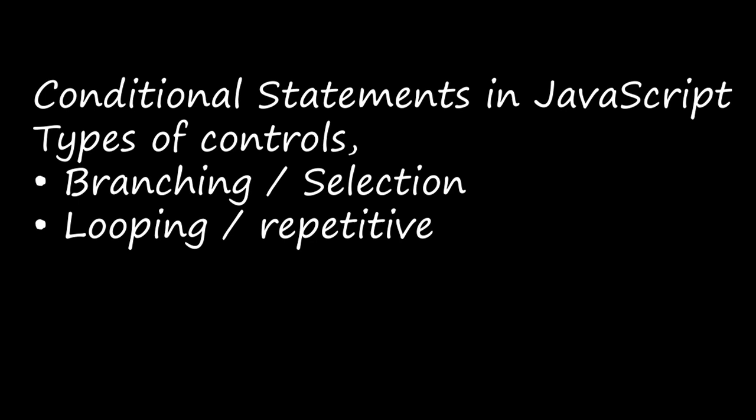From that word itself, we'll get a description of it. You just learn those types first. The types of controls, or the types of these conditional statements, are branching and looping. Branching means selective or selection, and looping is like a repetitive statement.